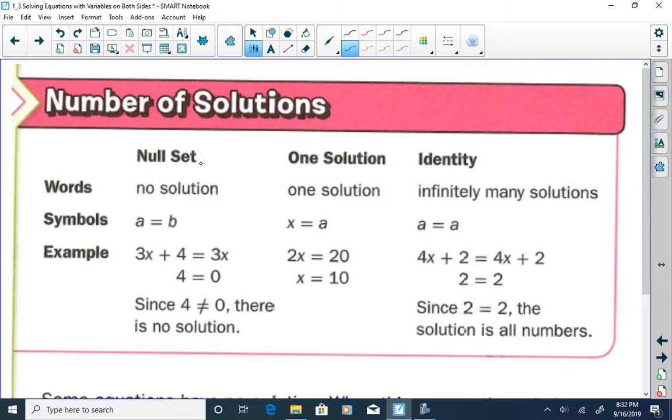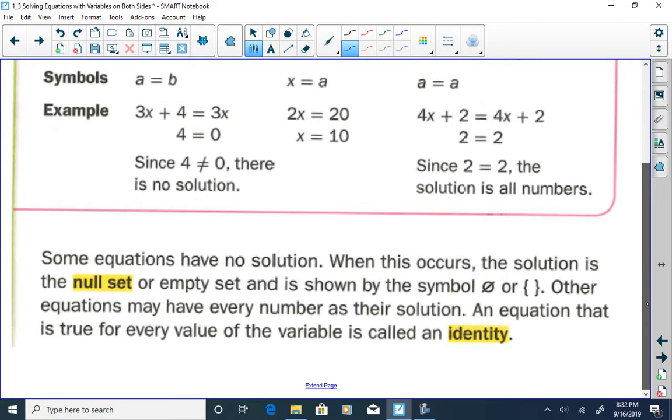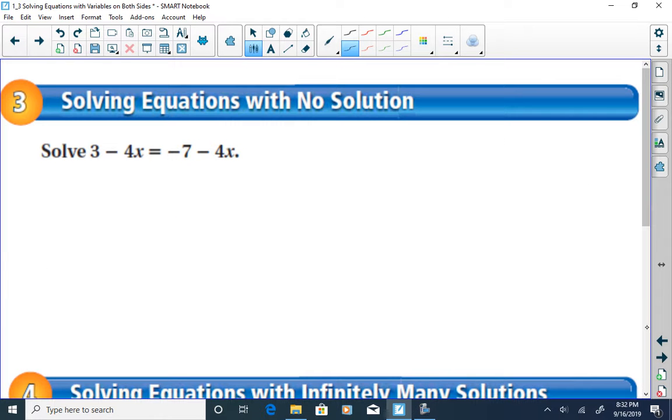The equation with no solutions we also call the null set. An equation with infinite solutions we call an identity. The equations we've done so far during the lesson have had one solution, the one value that's going to make the equation true. With our next couple of examples, it's going to be a little bit different. We may have more than one solution, or we may have no solution.